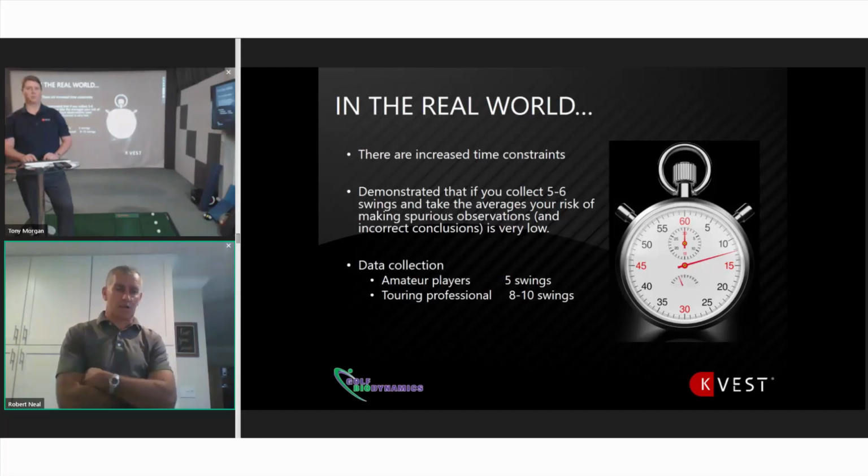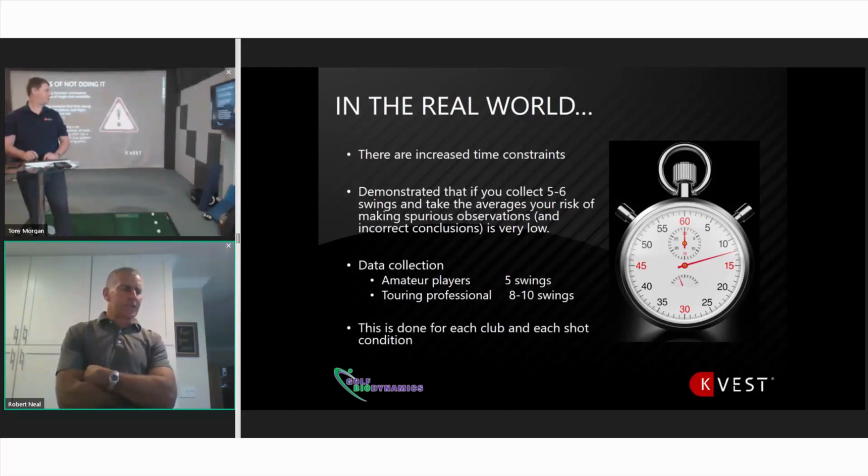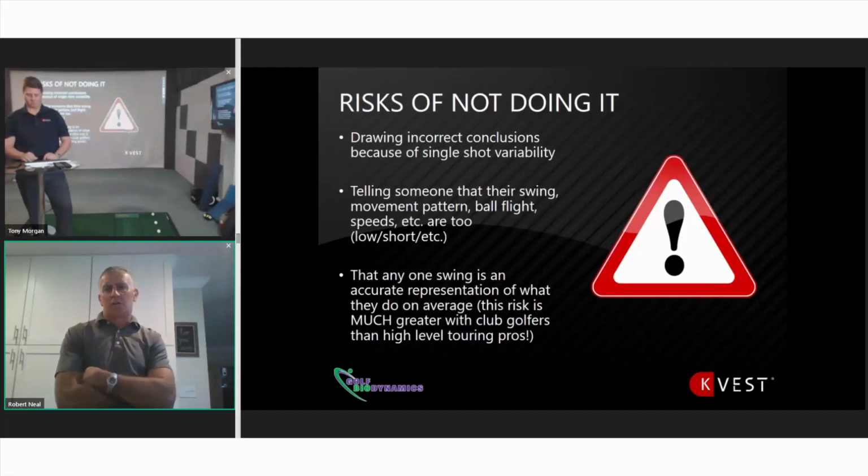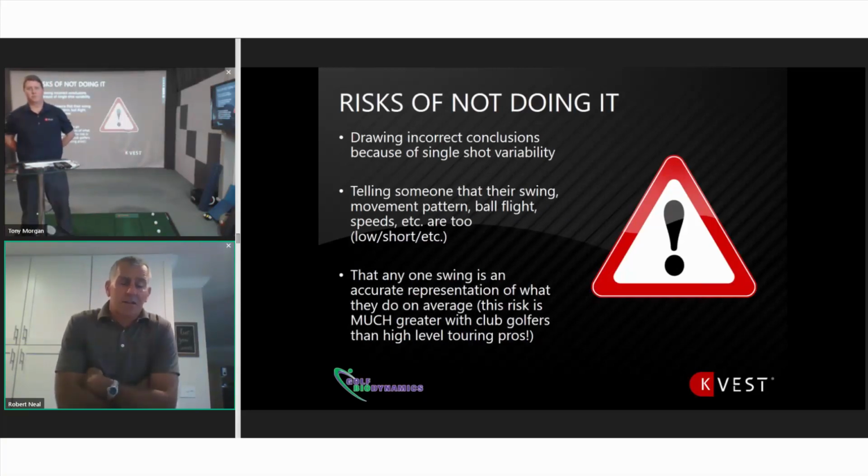Right. In fact, quite the opposite. I often see substantial variation in swing movements with driver and mid-iron. So if we continue to move on, what are the risks of not doing it? Clearly, you could draw the wrong conclusion.